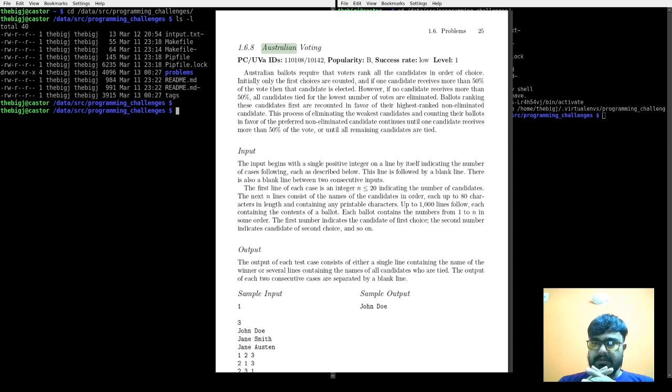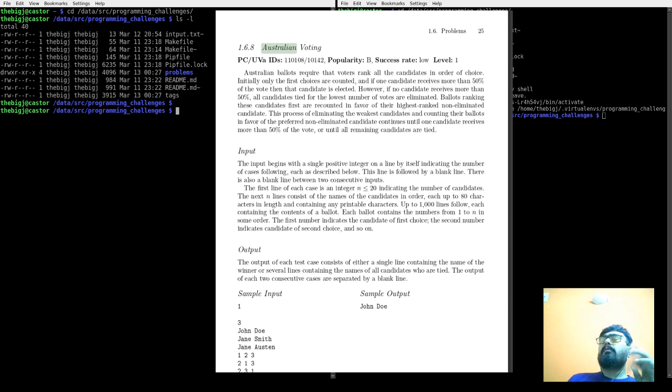It will be an integer. This line is followed by a blank line, and there is also a blank line between two consecutive inputs, which means if I want to enter 2 cases, then I will add 2 new lines. All the cases are separated by 2 lines. Okay, that makes sense. Then we will have a number which is how many candidates there are.